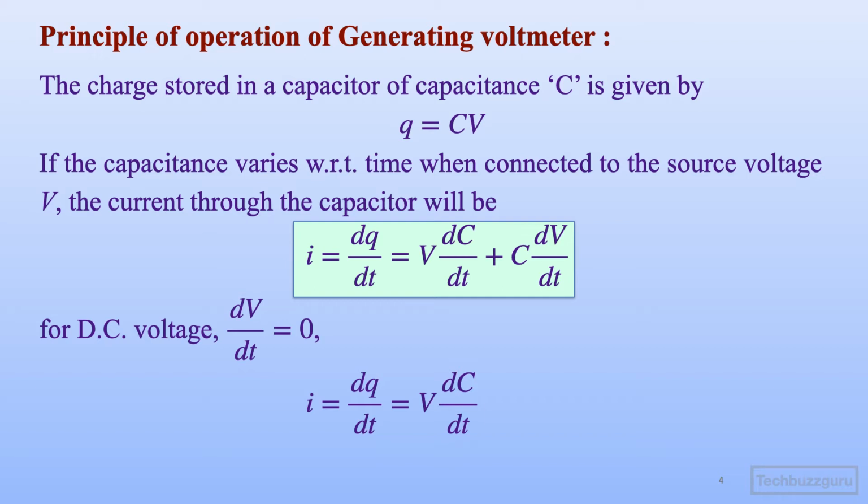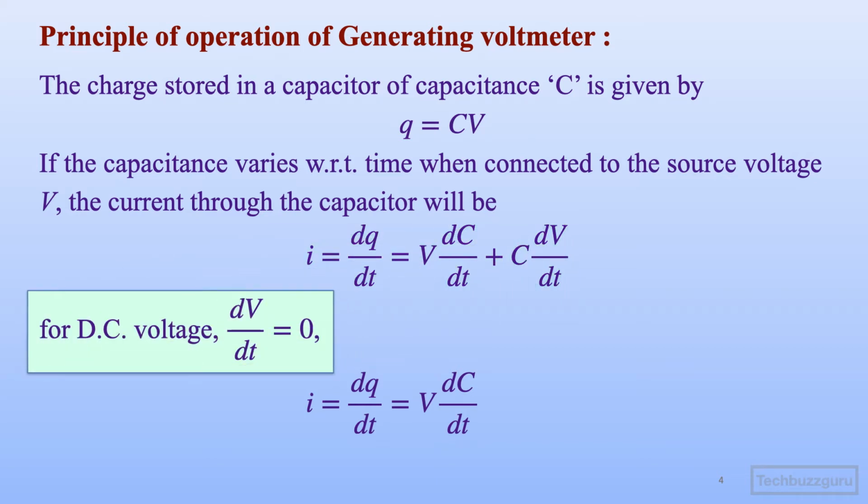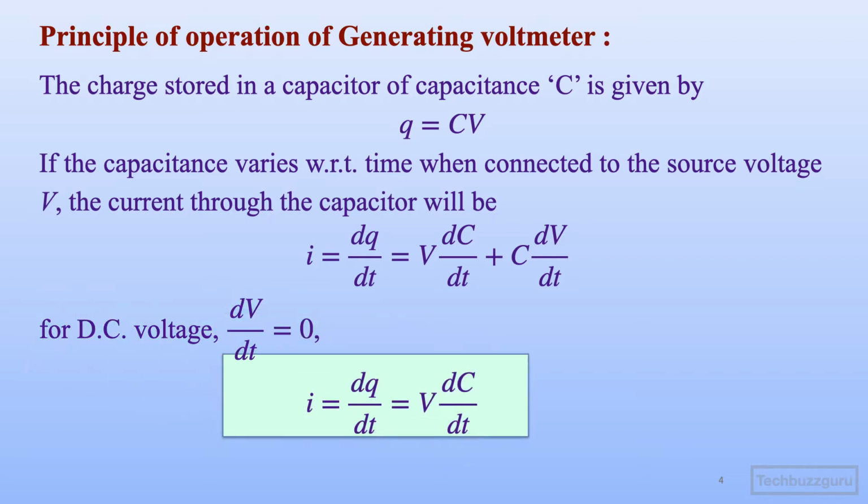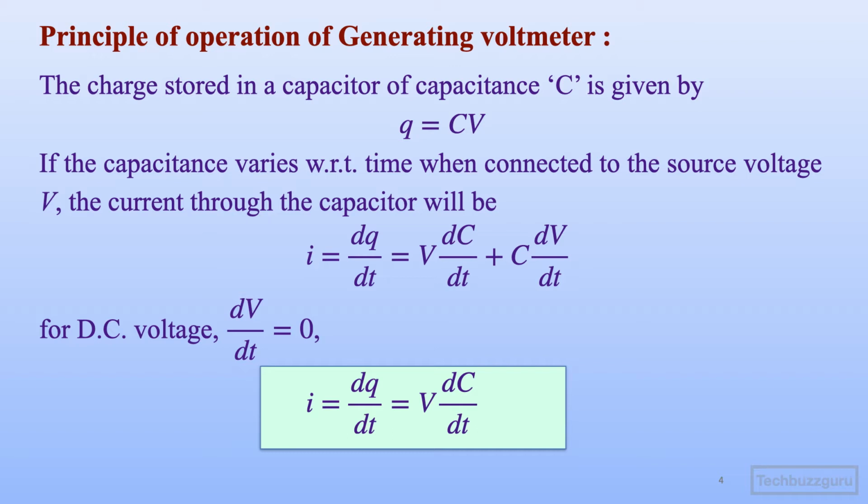Substituting the equation for small q, that is the charge on the capacitor, and then solving this differential equation, we know that since we are measuring DC voltages in this particular method, the rate of change of voltage with respect to time is 0. That's why the second term will vanish and the current flowing through the capacitor will be expressed as V dC by dt.